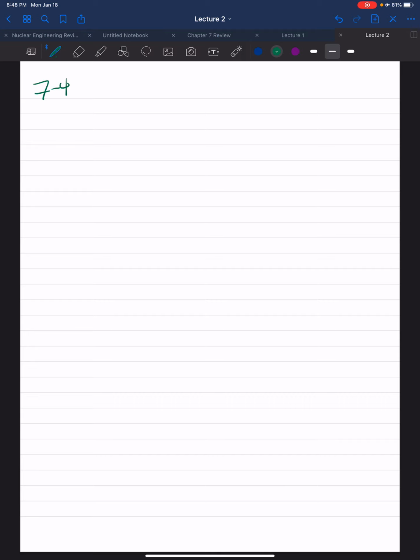Look at another problem. Problem 7-41 in the text, page 344.